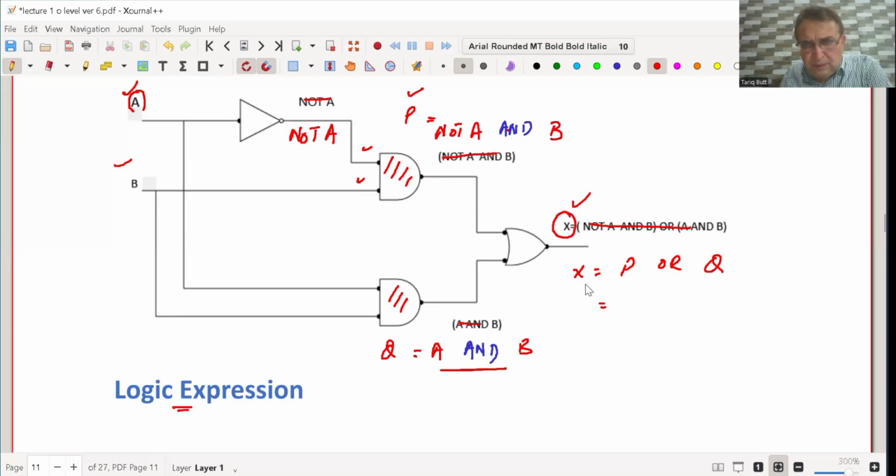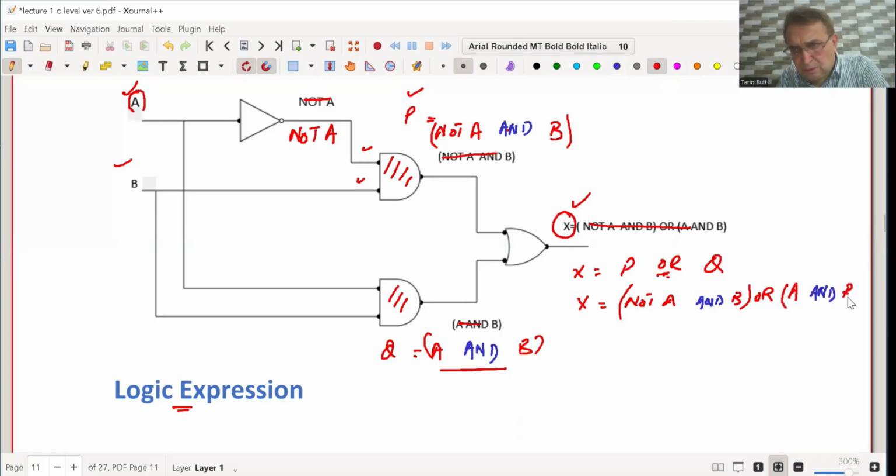So X is P, which is all this, NOT of A and B, and then this OR, and this A and B sub-expression. Fine.